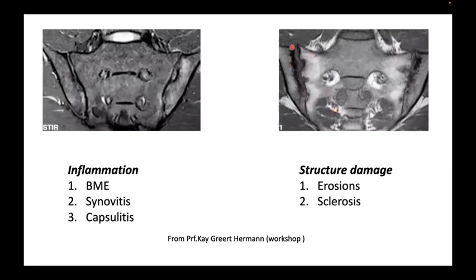You can also see sclerosis, which is black, around the sacroiliac joint. And you can also see fat metaplasia, which is represented here. It's a huge fat metaplasia here and here. So these are 3 points representing structural damage, and we have 3 points representing inflammation.